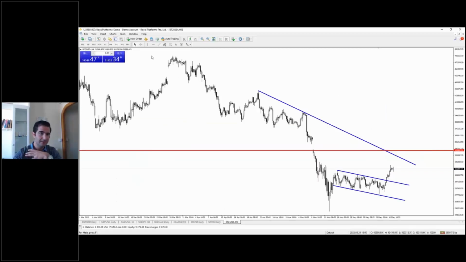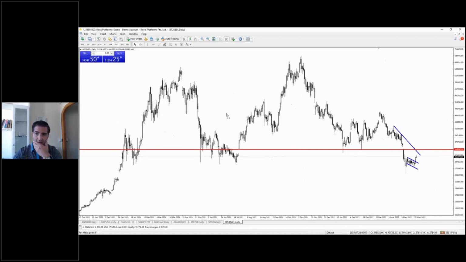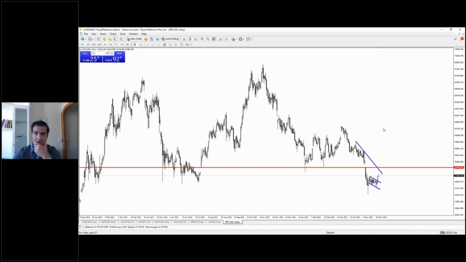BTC USDT, you know that it was in a clear downward movement. Here we have a kind of sideways. It took us time.